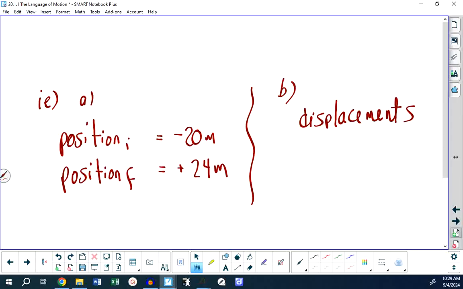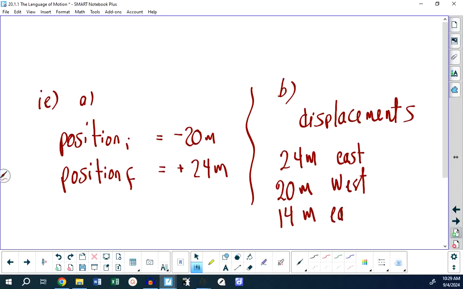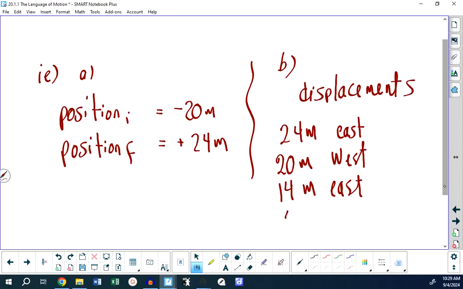Second example, I'm not going to tell you where it starts and where it finishes, but I am going to tell you that it undergoes these 4 displacements. So we have objects moving. They're the same kind of problem.